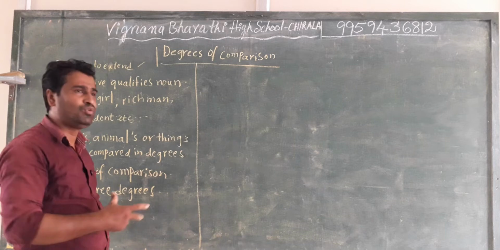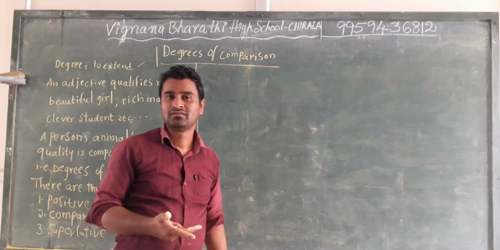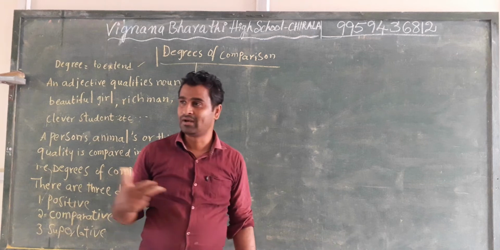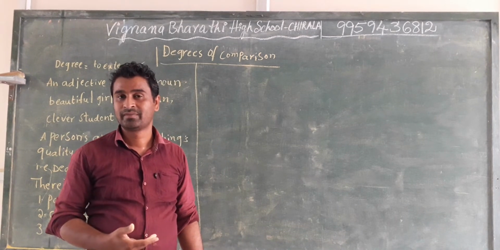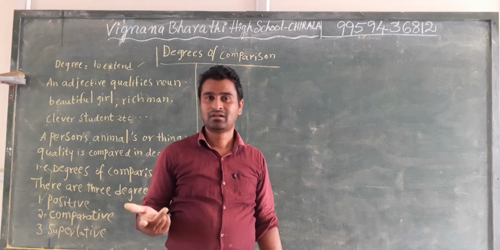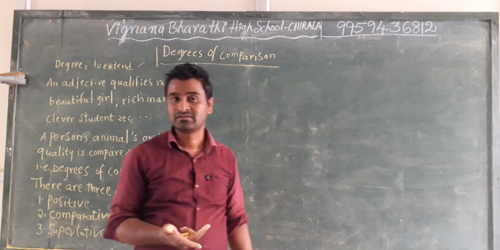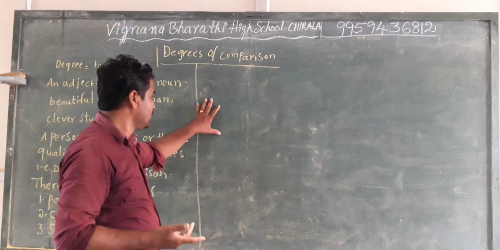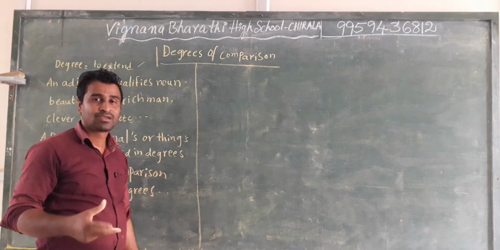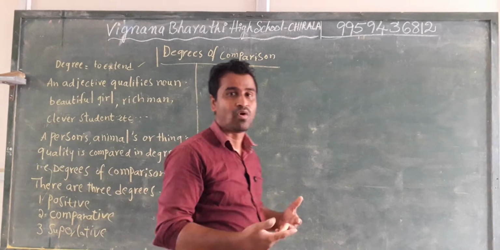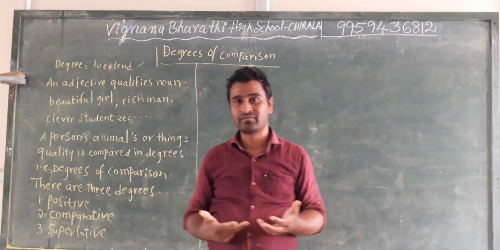Usually, how do we compare ourselves? By looking at the name, or the property, or the person. If we are comparing, we compare our qualities, quality, quantity, anything.